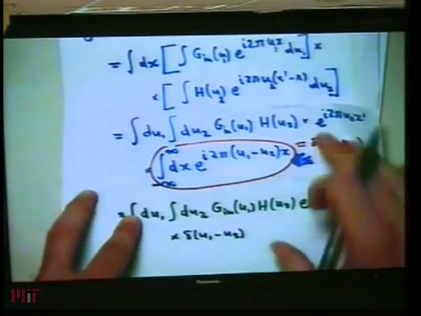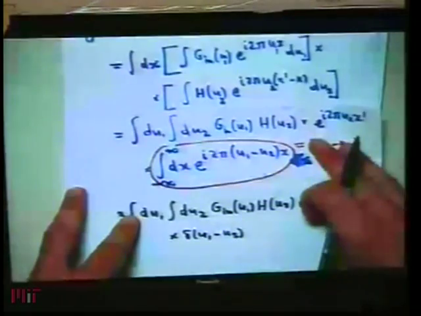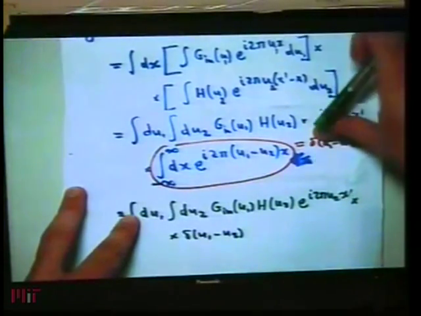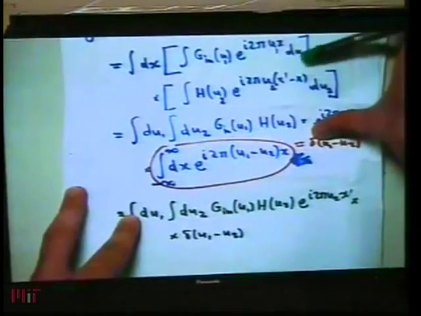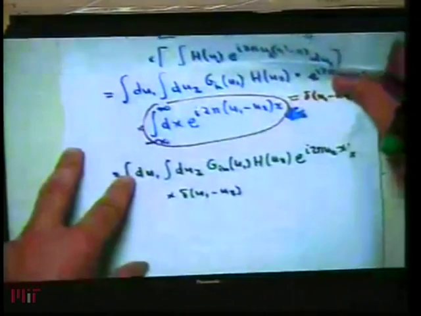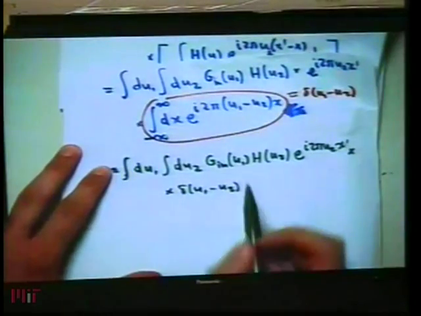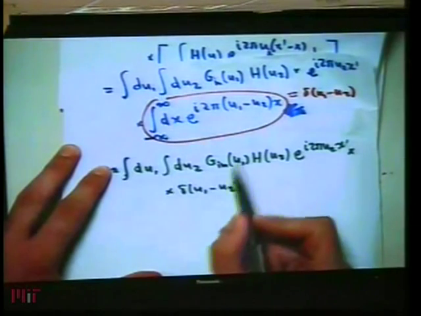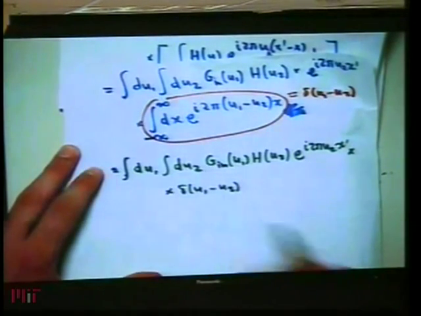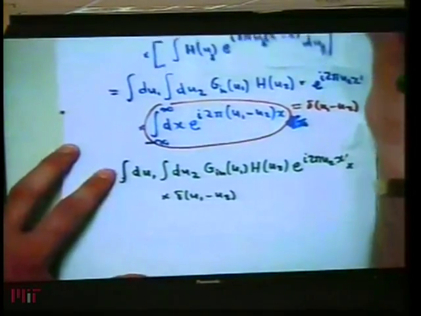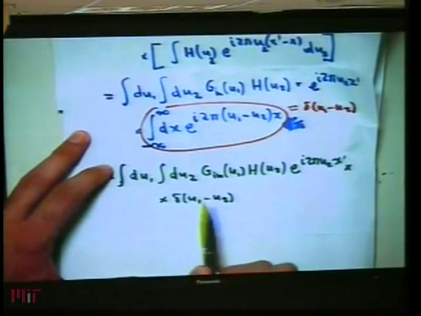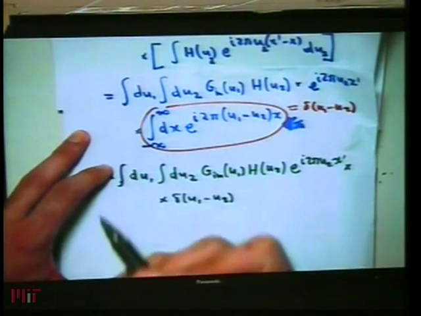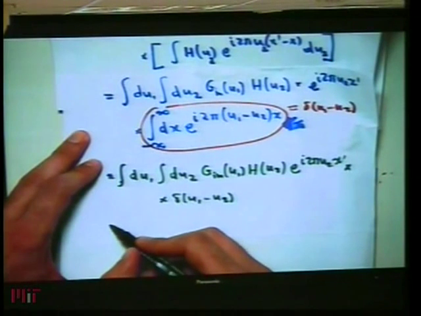Since we have a double integral with respect to the two frequency variables and a delta function inside, the delta function will knock out one of the integrals. We can pick whichever variable we want to integrate, so let's pick u1.